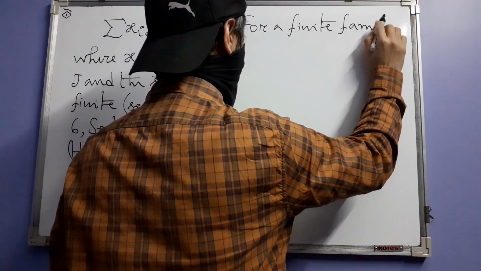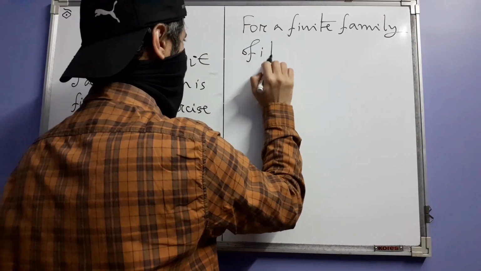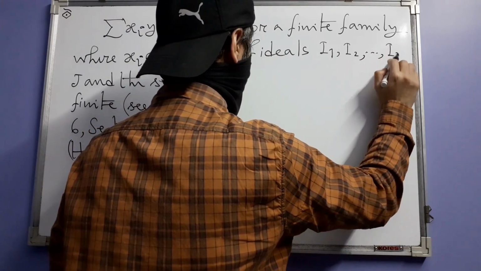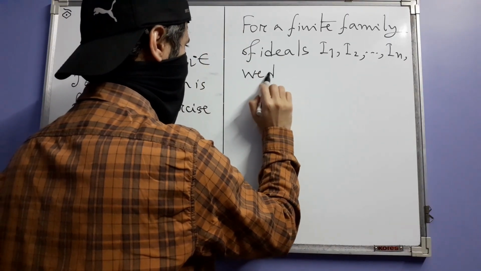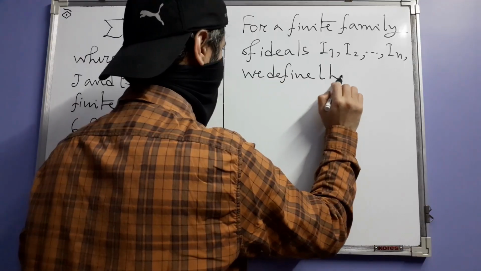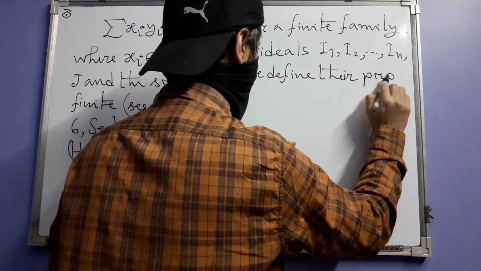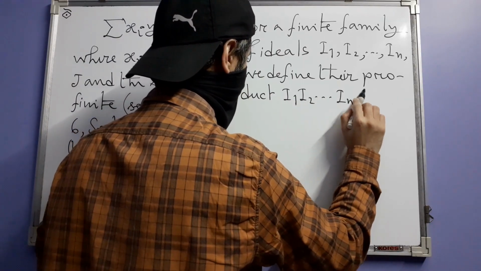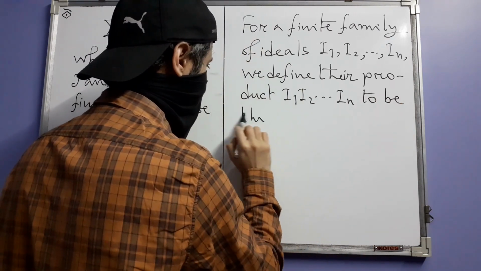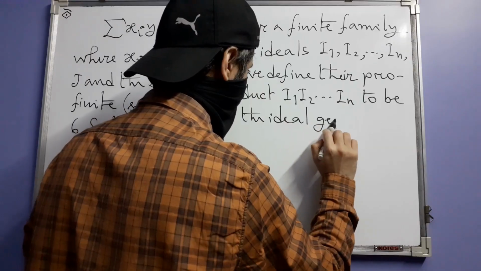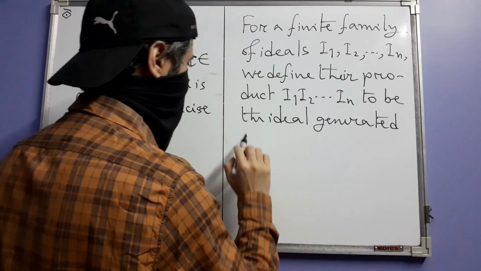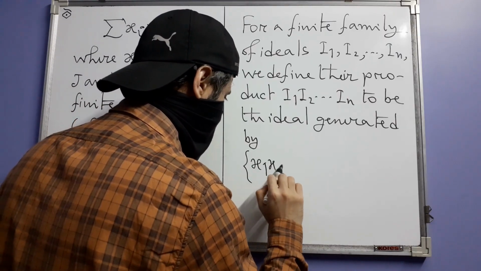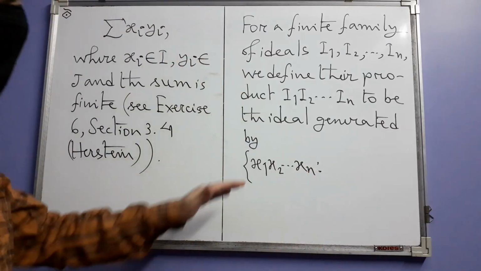Given a finite family of ideals, say I1, I2, ..., In, we define their product to be the ideal generated by elements of the form x1 x2 ... xn.